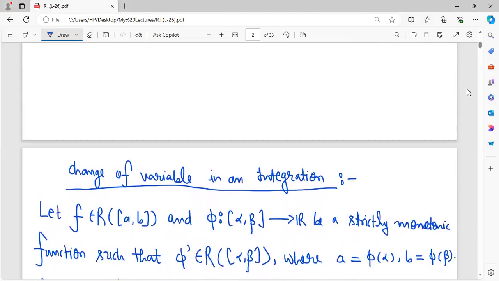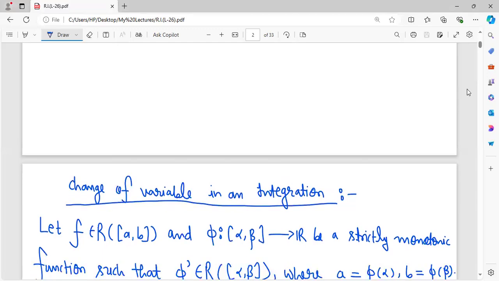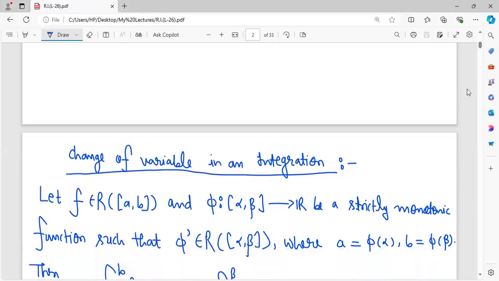Suppose you have a function f that is Riemann integrable, and another function phi that is a strictly monotonic function, and its derivative is Riemann integrable. Here f is defined on the closed interval [a, b], and phi is defined on the closed interval [alpha, beta].